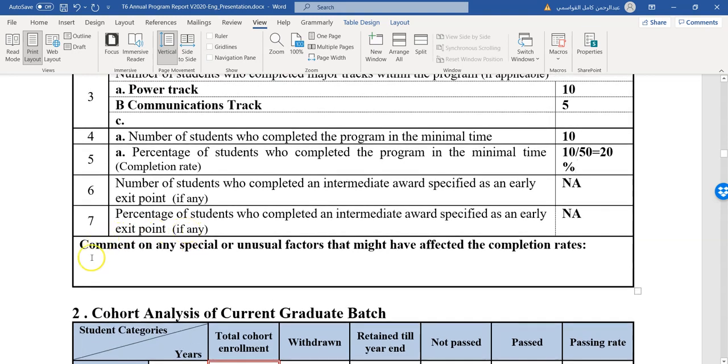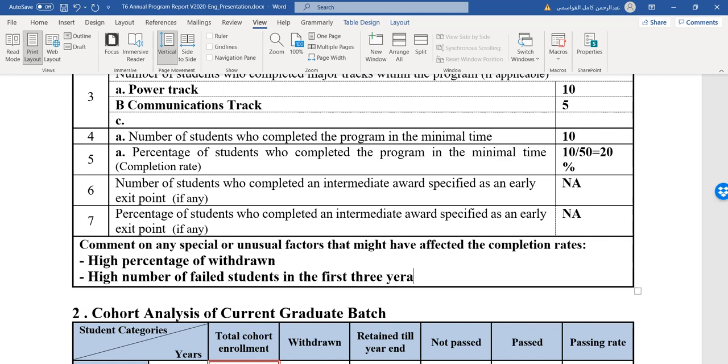Okay, if you have any comments or any special or unusual factors that might have affected the completion rates, you can write them. For example, a high percentage of withdrawn students, or a high number of failed students in the first 3 years.